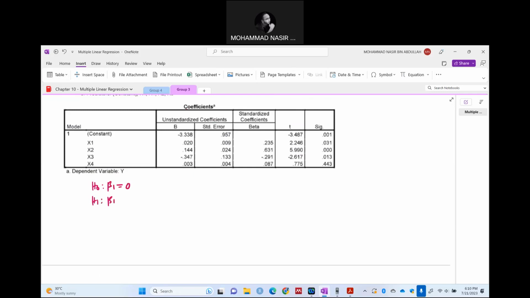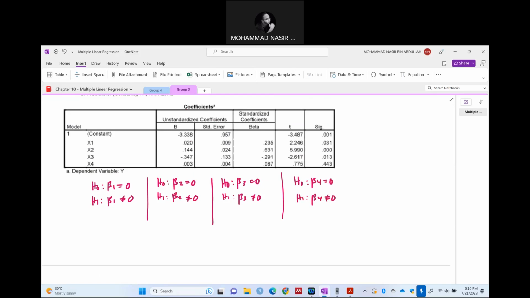Alternative hypothesis, beta 1 is not equal to 0. This is the first statement. Second statement, beta 2 equal to 0, beta 2 is not equal to 0. Number 3, beta 3 equal to 0, beta 3 is not equal to 0. Beta 4 equal to 0 and beta 4 not equal to 0.